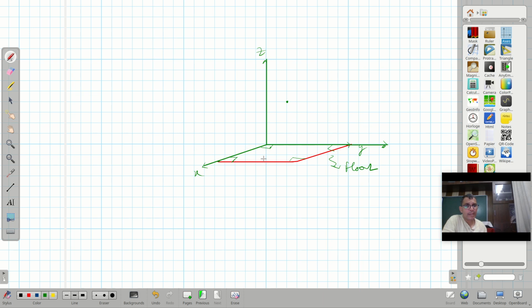So first of all I have moved say 1, 2 and 3 steps along x-axis. Then I moved parallel to y-axis, and I reached this point, say 1, 2, 3 and 4.